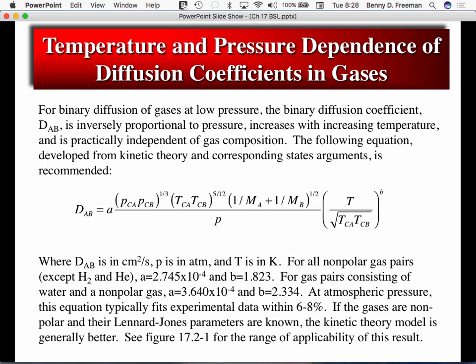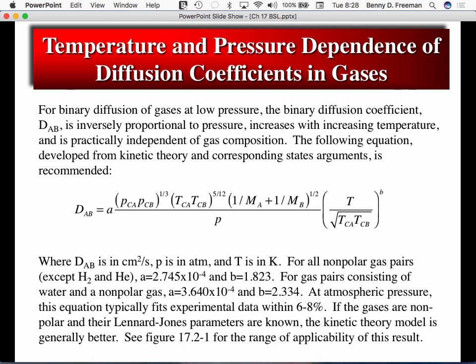And so for binary gas diffusion at low pressure, the diffusion coefficient is inversely proportional to pressure. That's that proportionality to gas concentration and the distance between the molecules. As the pressure goes up, the molecules come closer together. Their distances between collisions go down, and the diffusion coefficients go down proportional to that.